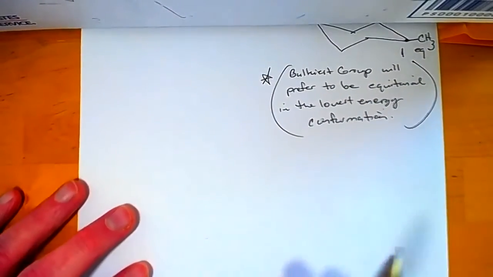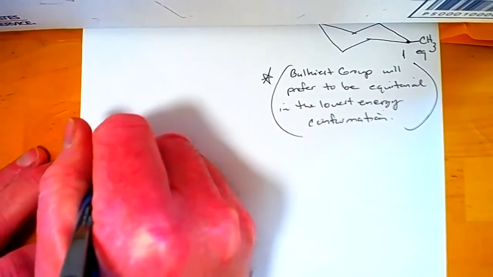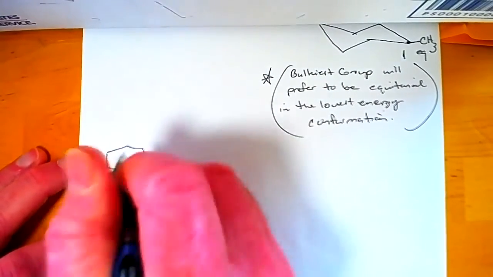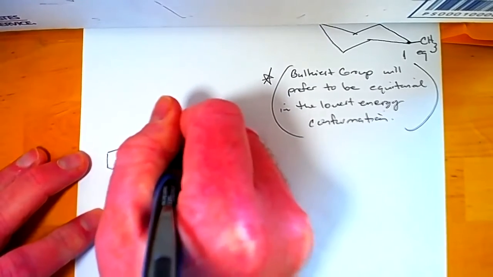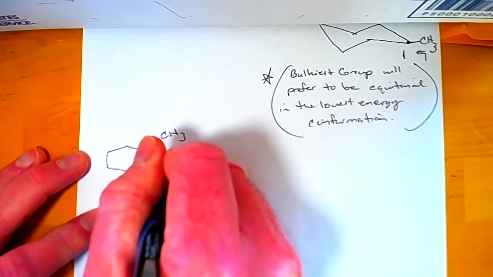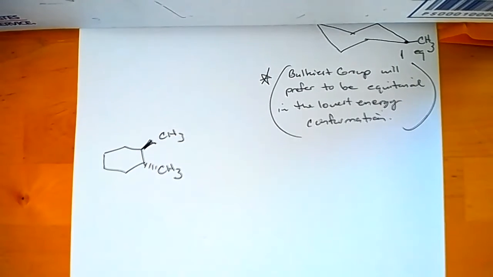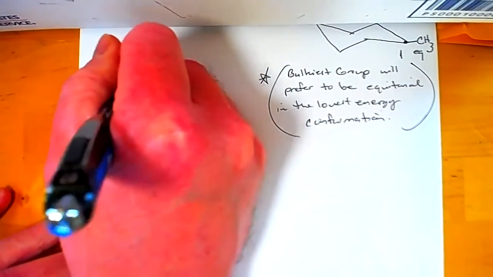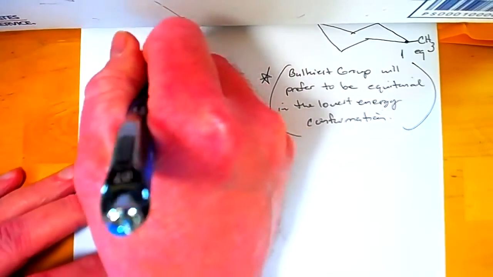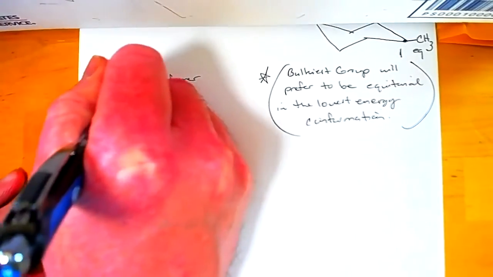Now, one of the things that students often have trouble with is visualizing how groups are oriented and how you should represent those in a particular molecule. So let's say that we had something like this trans-1,2-dimethylcyclohexane, and you wanted to draw the conformer of lowest energy.